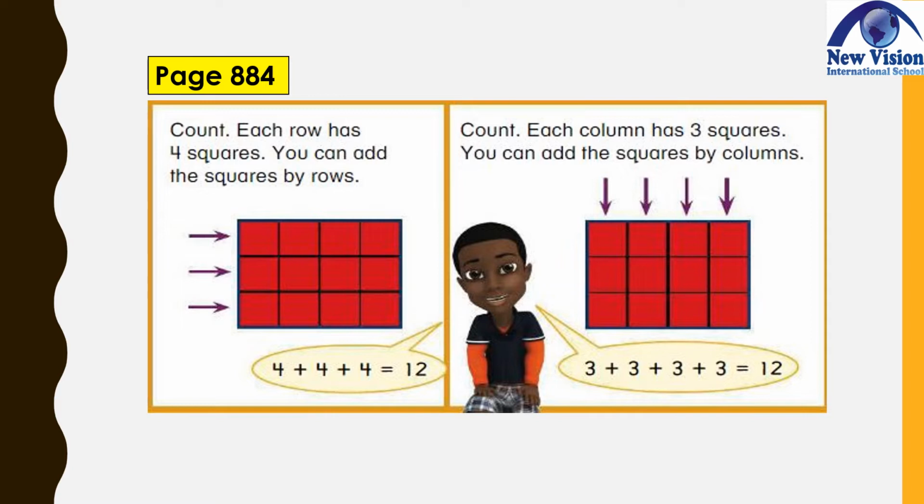We have 12. Next, how many squares are in each column? There are 3. How many columns are there? There are 4. So we can add the squares by columns. So we have 3 plus 3 plus 3 plus 3 equals 12.